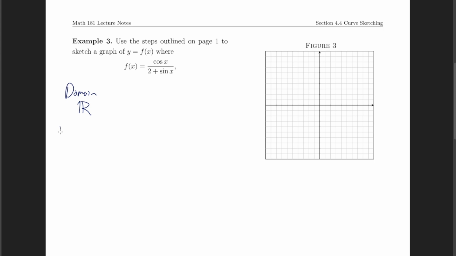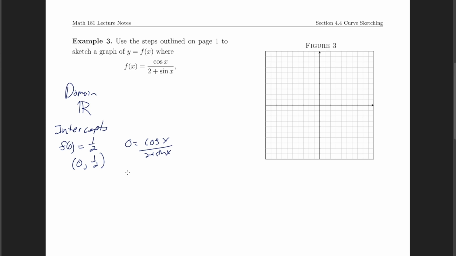All right, we want to find our intercepts. So when x is equal to 0, we plug that in, we get 1 over 2 plus 0, so this is a half. So we have a point of 0 and a half. If we want to find when 0 equals cosine x over 2 plus sine of x, all we really need here is cosine to be 0.